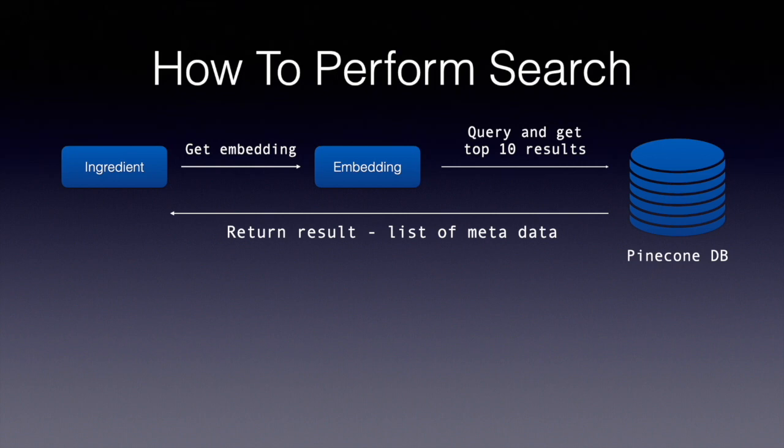So what we can do is refine it. Refining is where we send the actual query and the results from Pinecone to the OpenAI completion model. Let's say I searched for orange, and Pinecone gave me the top 10 results from the database.